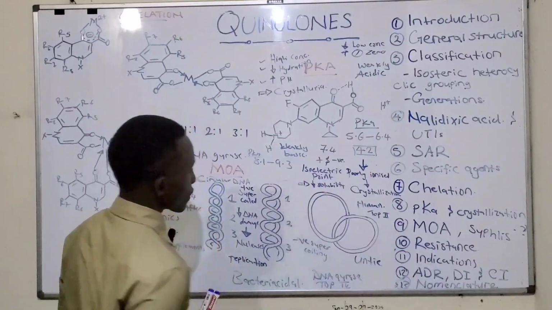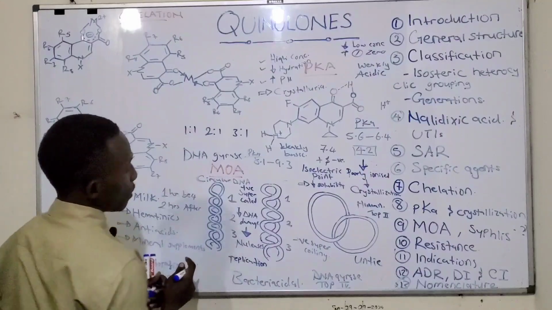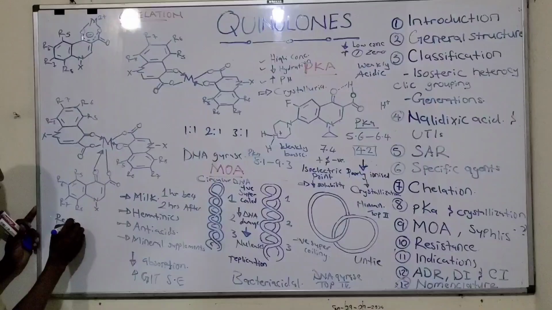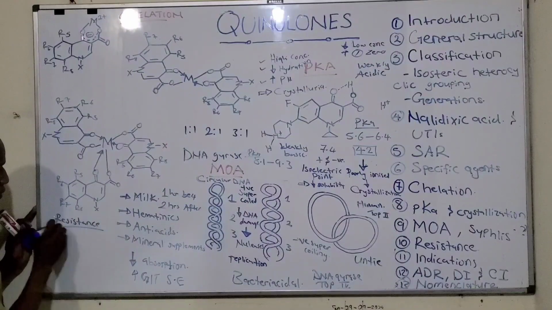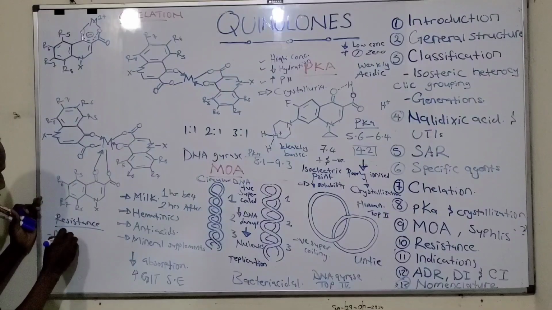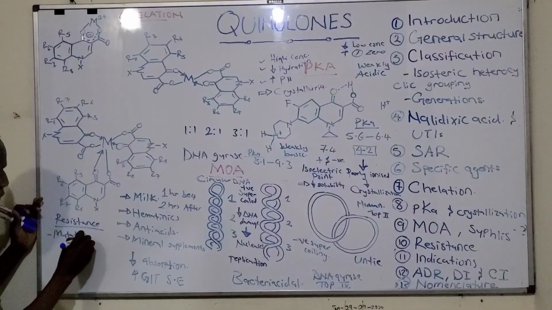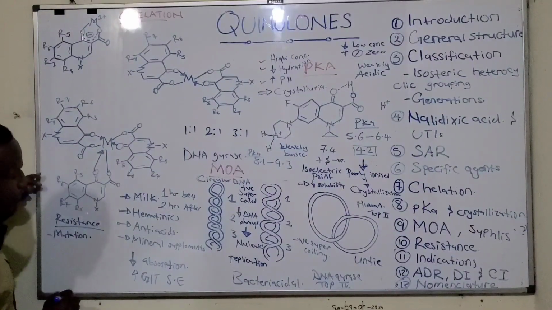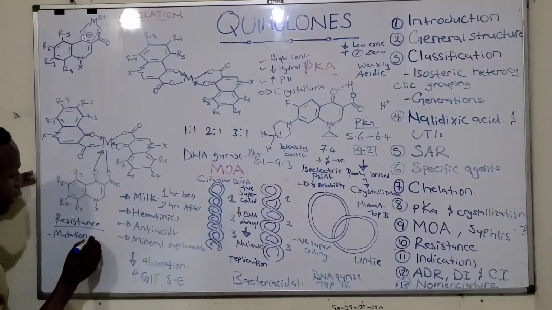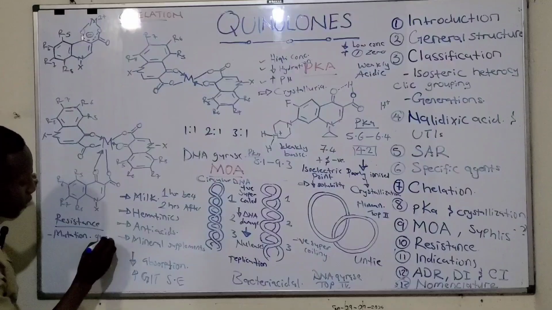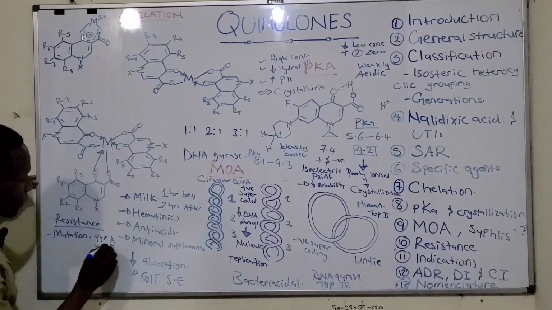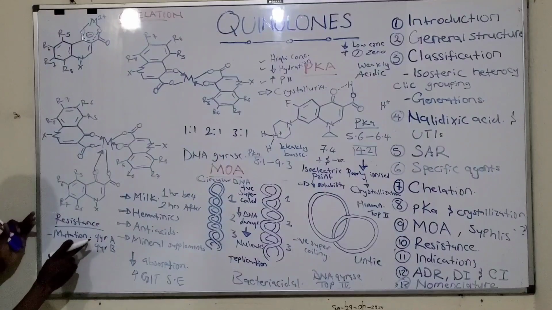Now, when it comes to resistance, it is mainly by mutation in the genes which are responsible for the DNA gyrase and topoisomerase 4. That's gyrA and gyrB.